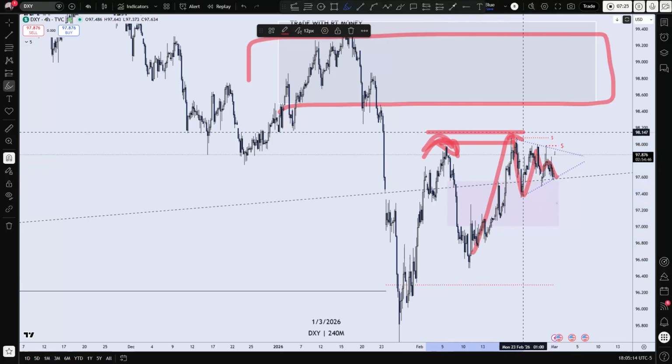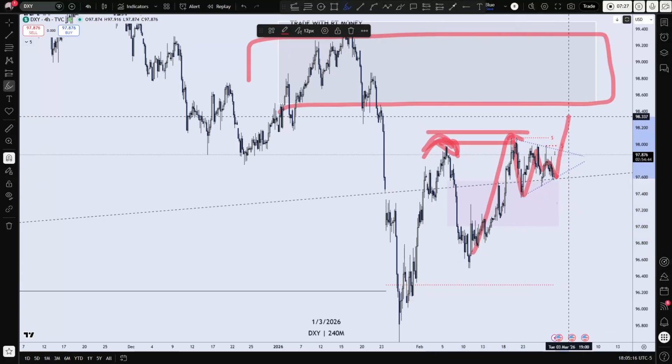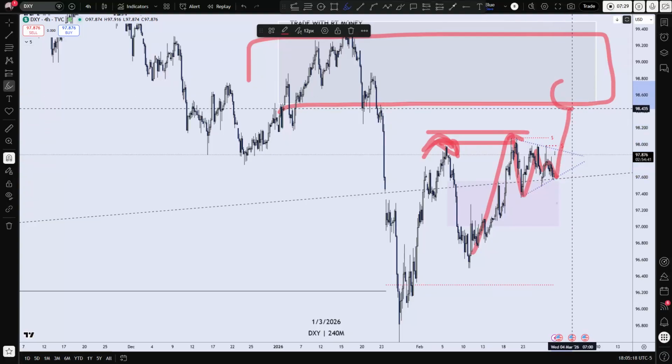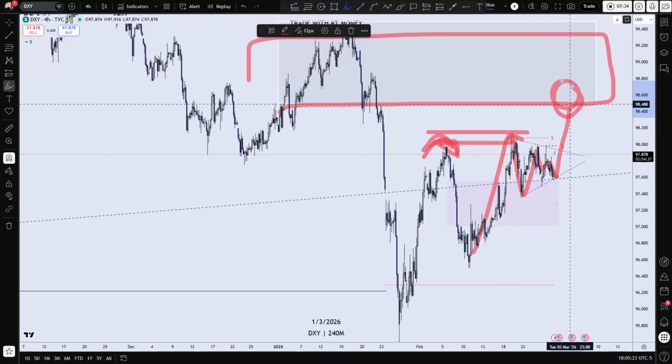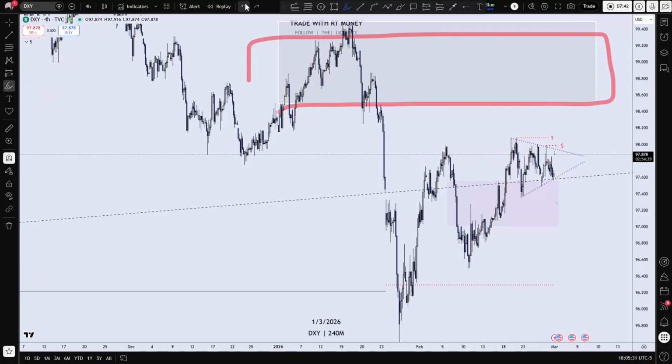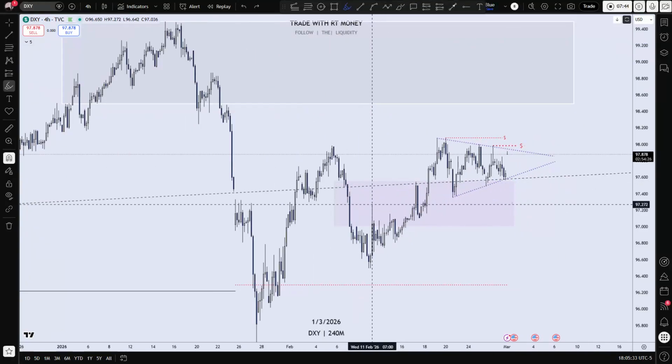And now we have relative equal highs here for the market to come and take out to mitigate this area of supply. Once it gets up here, we'll reassess because the market could continue up higher. We'll see what happens once the market makes contact with that POI. But right now, it looks like the market is heading up higher.